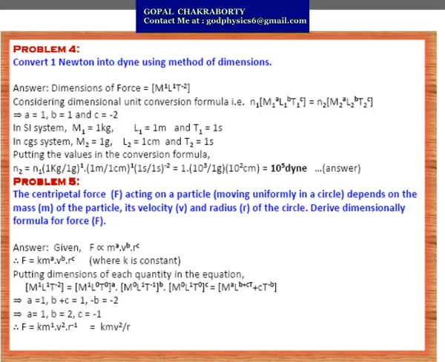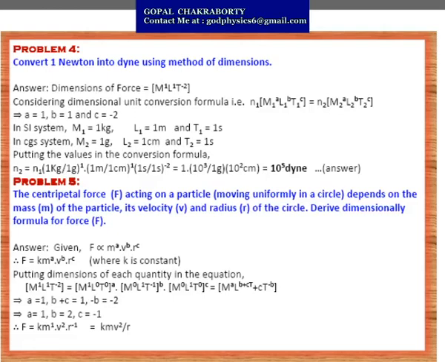So all the relations are given and you are asked to find out the dimensional formula of the force. So first of all, as we know, force is proportional to m to the power a, v to the power b, and r to the power c. So first we have considered this.